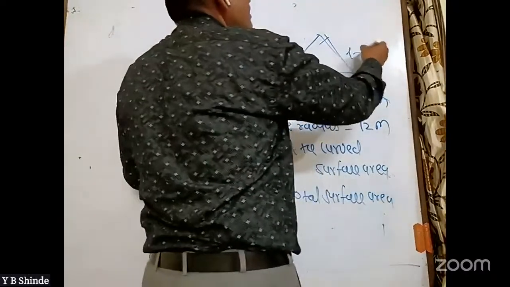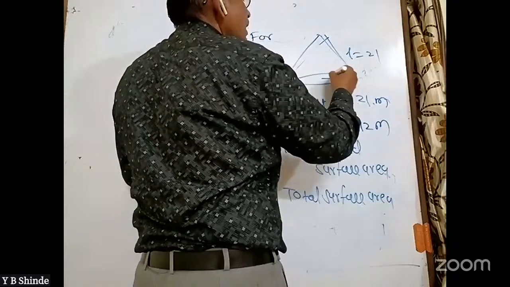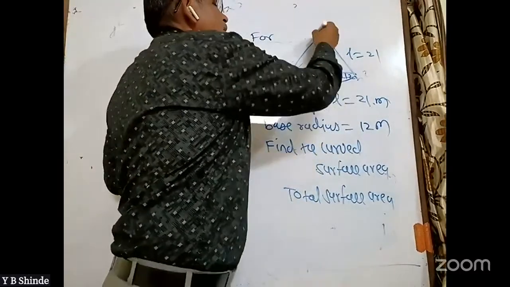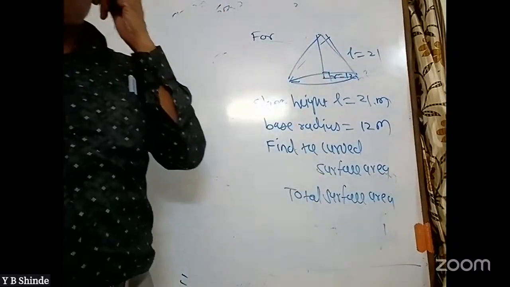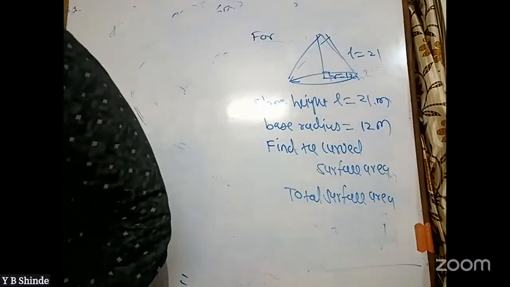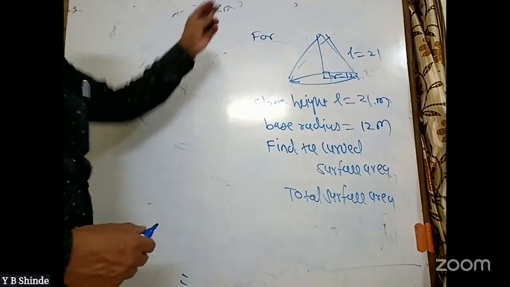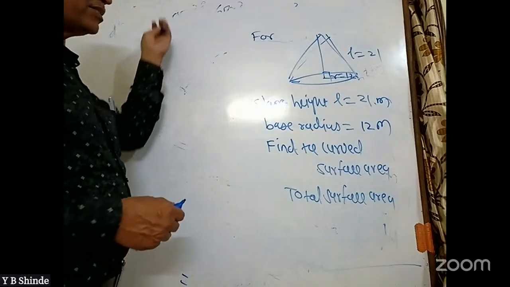This is slant height, this is R. What is R? 12. You have to find H if required. I think it is not required.